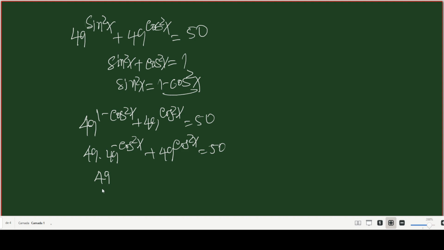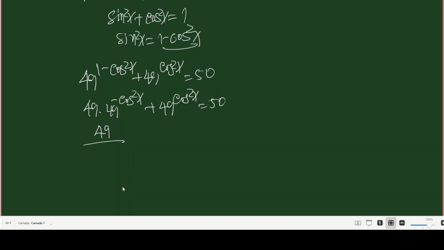We have 49 divided by 49 to the power of cos square of x plus 49 to the power of cos square of x equals 50. So from here we're gonna multiply by the denominator.